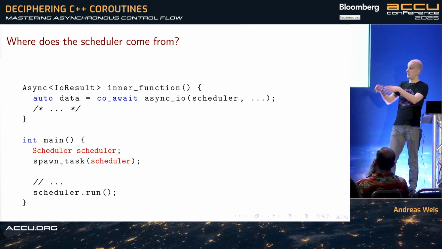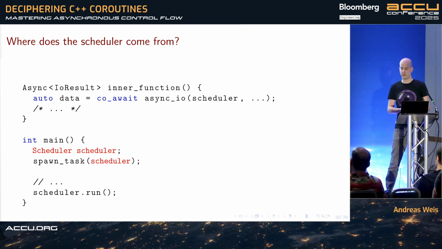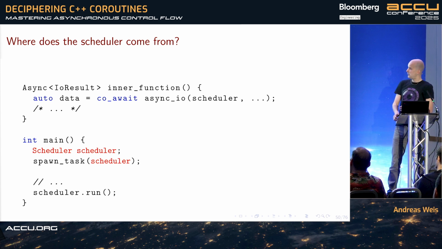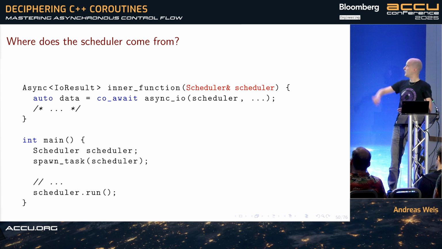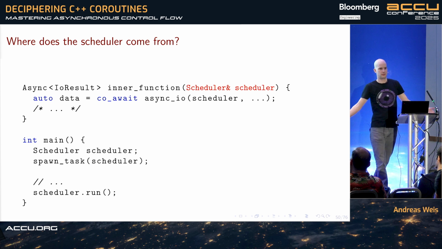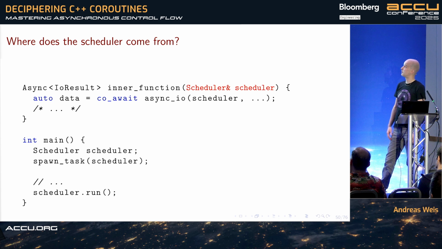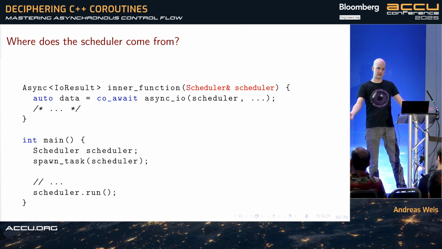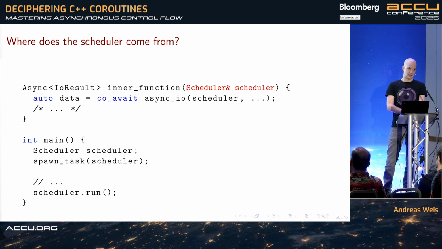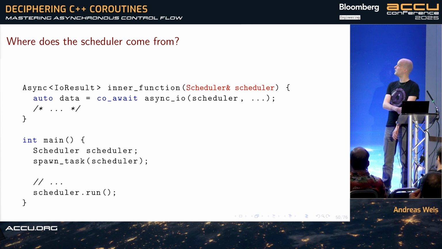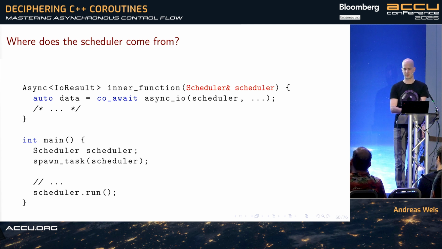It lives outside of our computation, which means we need to pass it in to all the functions that want to do asynchronous I/O. So a consequence of this is probably all of our functions will now need a scheduler parameter. And that's not nice. I don't need to do that in JavaScript.